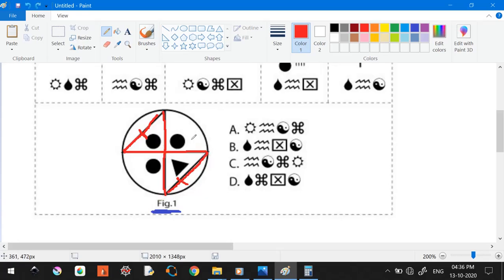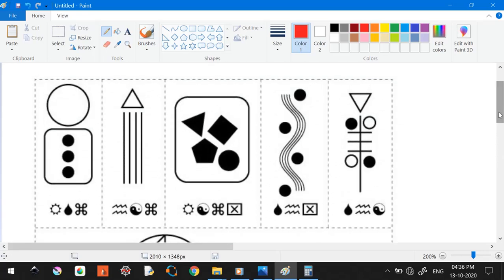If I assume this as a circle and these as separate open lines, yes, we have four lines and some of them are parallel like these two. So maybe we need this particular shape. With that logic, I will eliminate D. Any of A, B, C should fit. Let's move ahead and see what else we can find out.